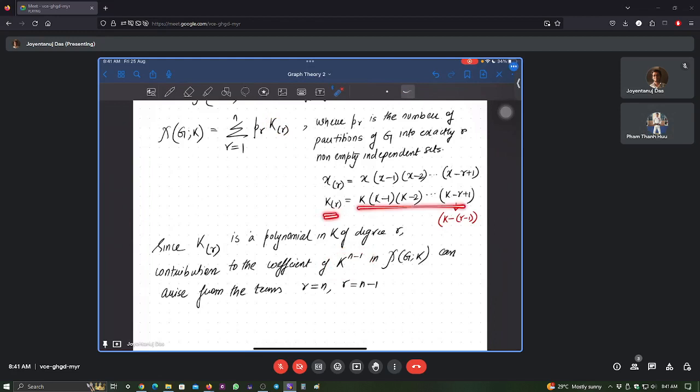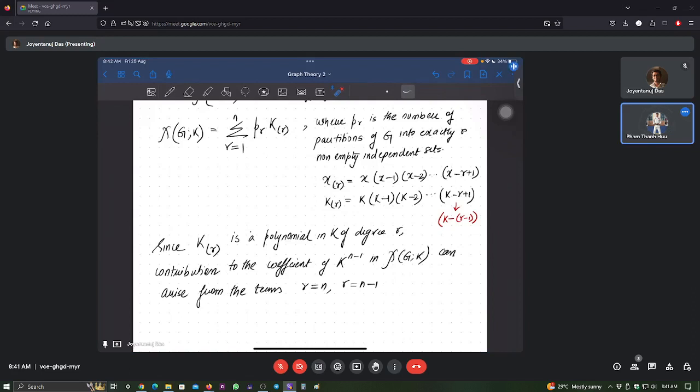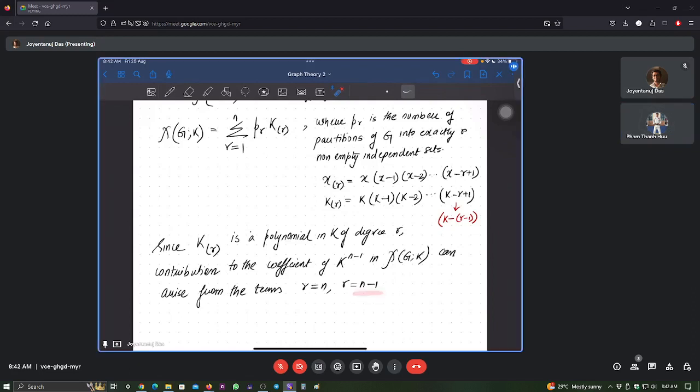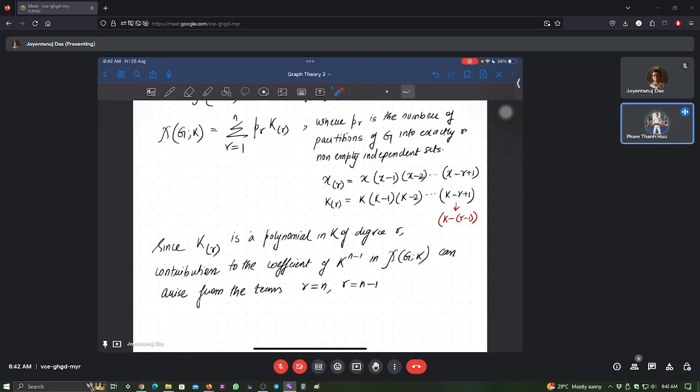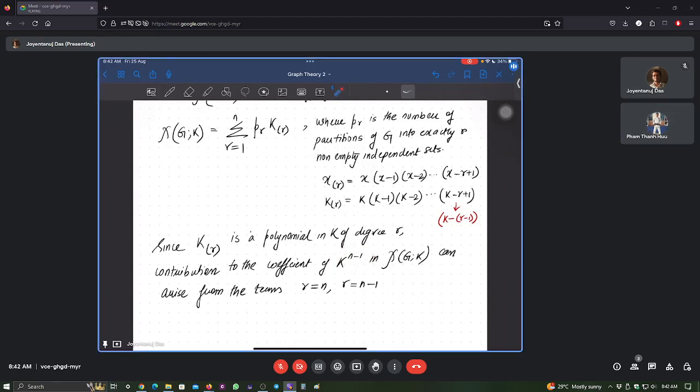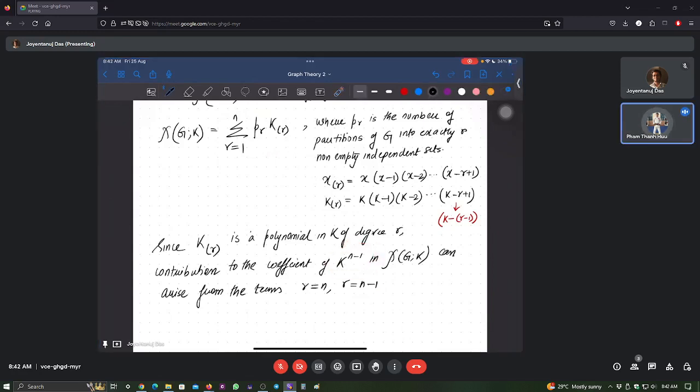So if r is smaller than n minus 1, it cannot contribute k power n minus 1. In this summation there are n terms, but only r equals n and r equals n minus 1 contribute to the coefficient of k power n minus 1, right?